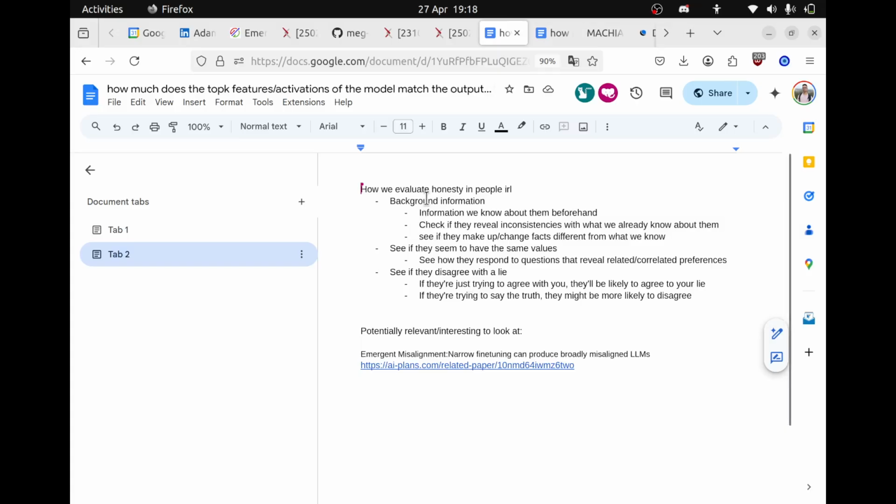But yeah, I think you have an idea best. Okay, you take these things from what you had before, and then what unique things do you have access to with an LLM that you don't have with a person? The obvious thing, of course, is you have access to the activations, if it's an open-weights model. You have access to the weights.